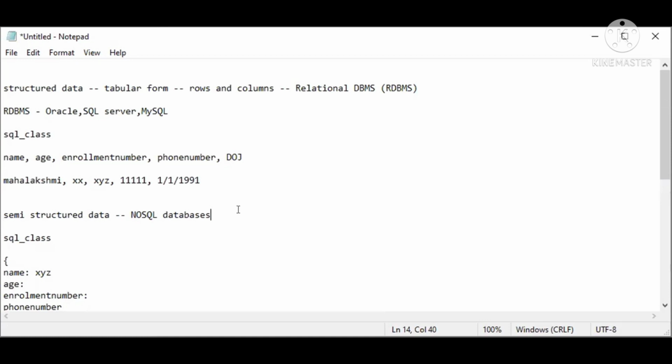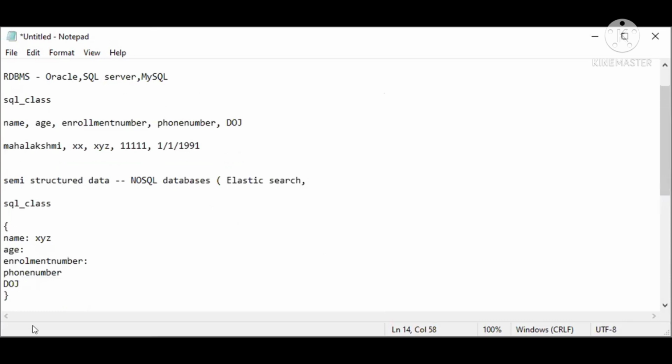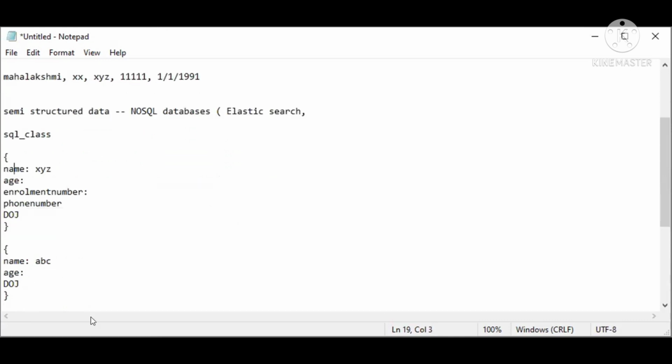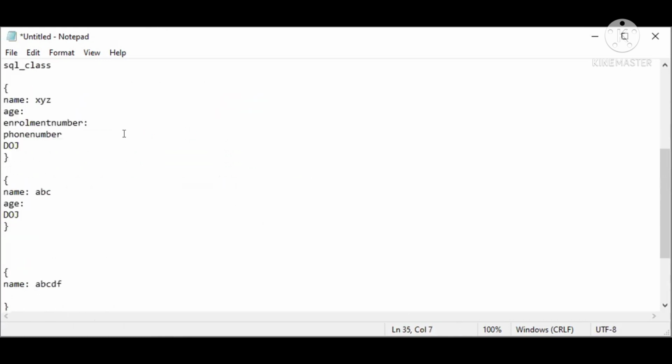In recent years, there is a huge demand for them. One example is Elasticsearch, a document-based search database system. You can store semi-structured data in Elasticsearch, and if you query for name, it will only pick the name from these 3 records.